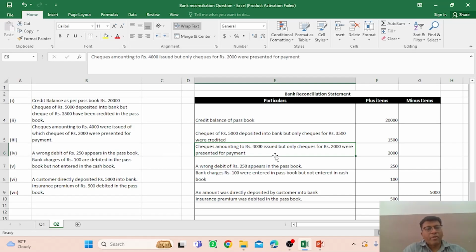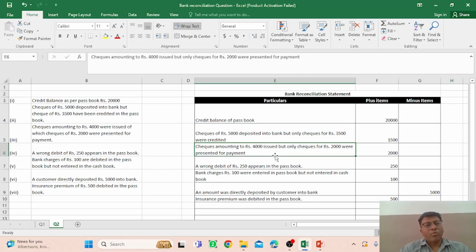So checks of rupees 5,000 deposit into bank, right? So check 5,000 is the plus item in cash book, but only checks for rupees 3,500 have been credited. So cash book has more balance in comparison to passbook, right? 1,500 is the difference, so you have to mention it.